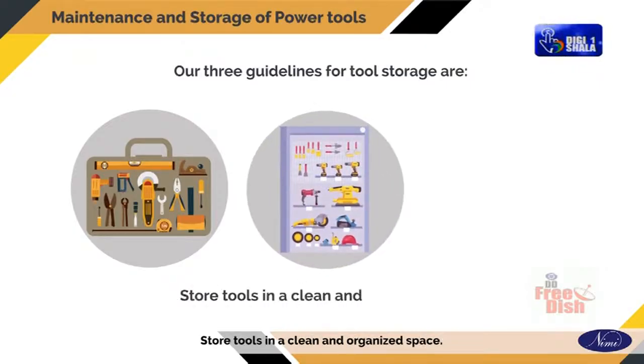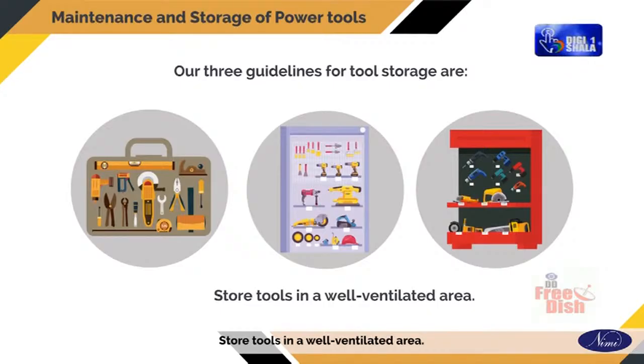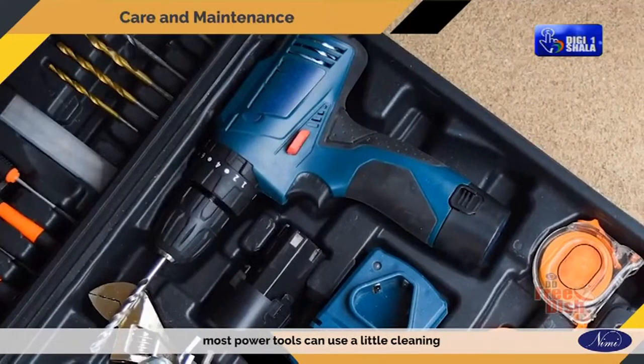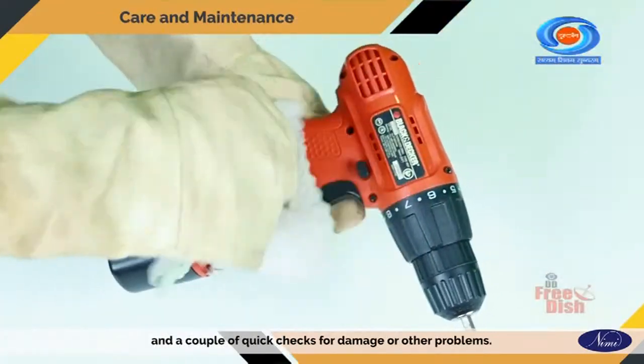Store tools in a clean and organized space. Store tools in a well-ventilated area. Before being stored, most power tools can use a little cleaning and a couple of quick checks for damage or other problems.